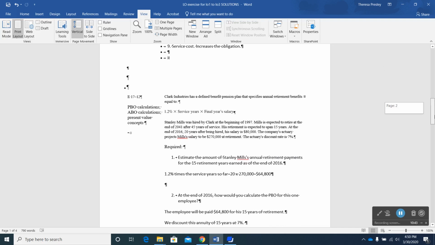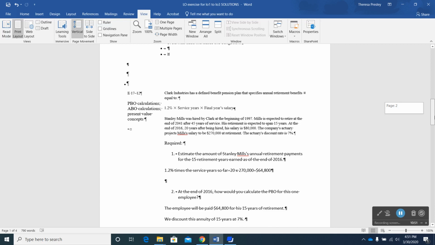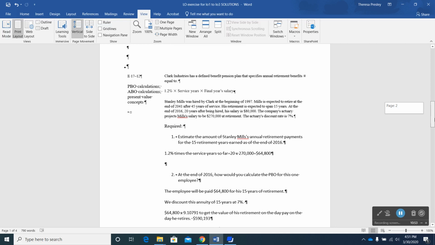We are going to make the present value calculations to get back to retirement, and that is retirement. So at retirement date, how much will they have? You're going to calculate $64,800, take the present value of an annuity 15 years at 7%, and get the figure for the calculation what the PBO should be at the day he retires.